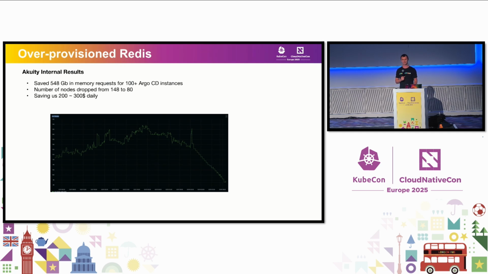We were running around 100 Argo CD applications. So if you run several dozens of Argo CD instances for your organization, there is a chance you can save hundreds of gigabytes of memory, and this change is safe. We can say it. We've been running this setup for several months now, with no complaints yet, and it's saving us $200 to $300 a day, which is pretty significant.